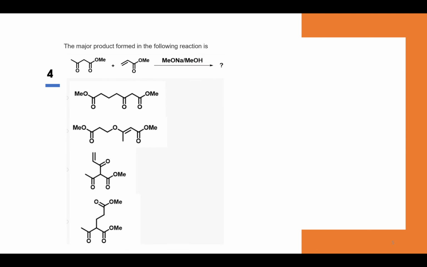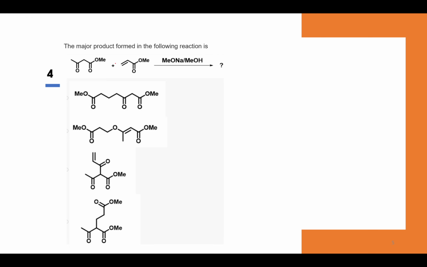The major product formed in the following reaction is. We have discussed these questions many times. So you can see here we have two species. One is an alpha beta unsaturated ester, and another is a diketone.